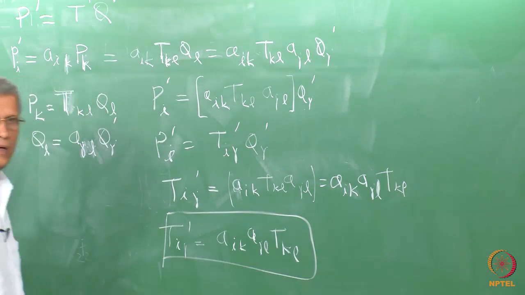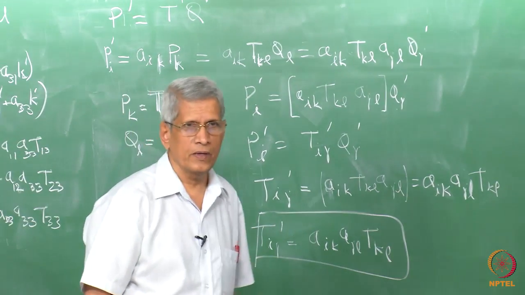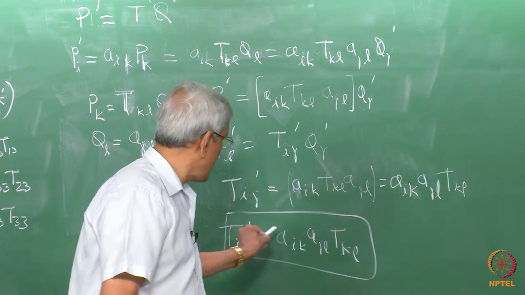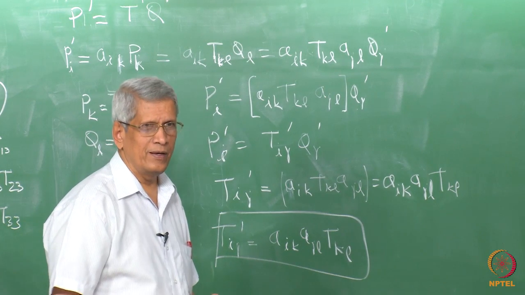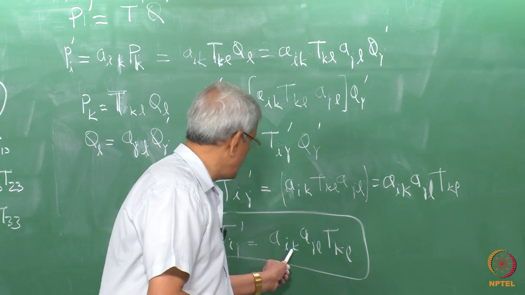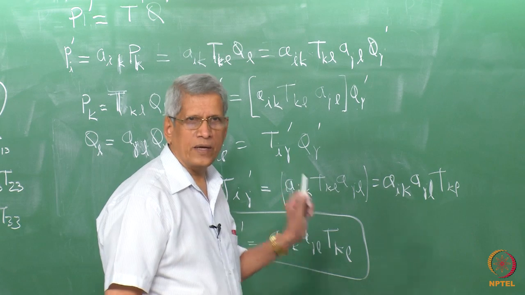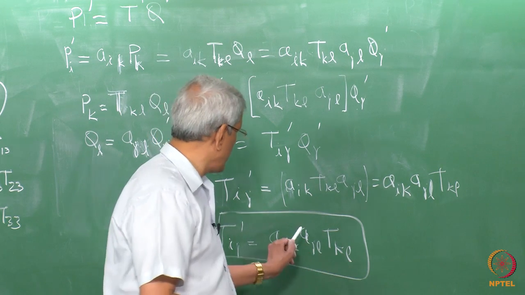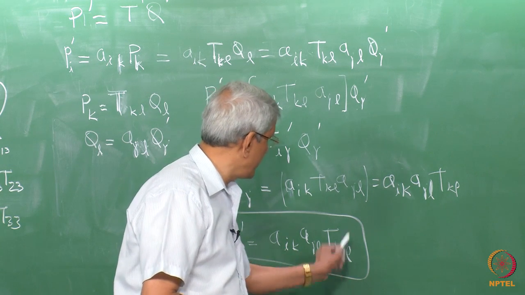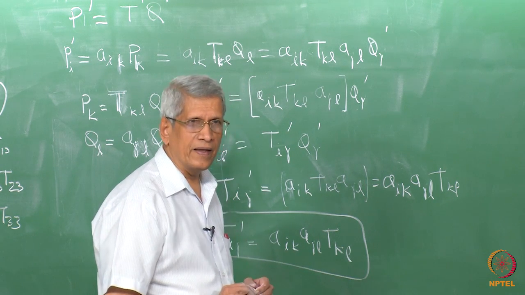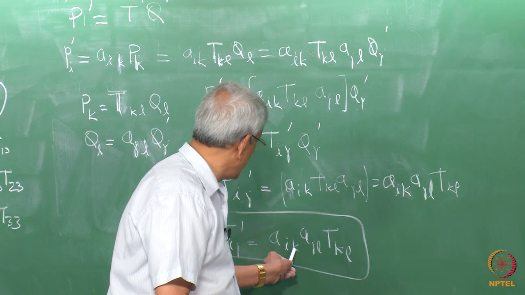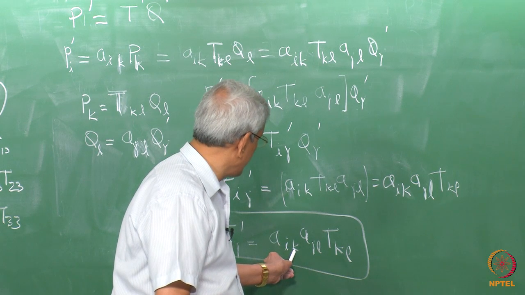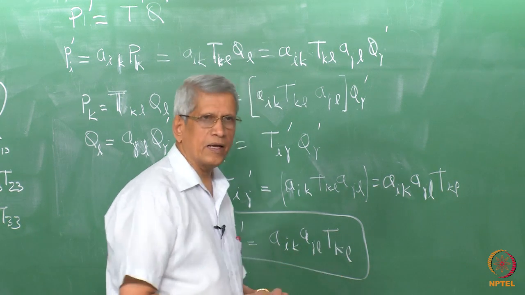This is the form in which we can write it. So, now we have got a handle to represent it. In this term, what are the indices which are repeating? K and L. Yes, K and L are the dummies.